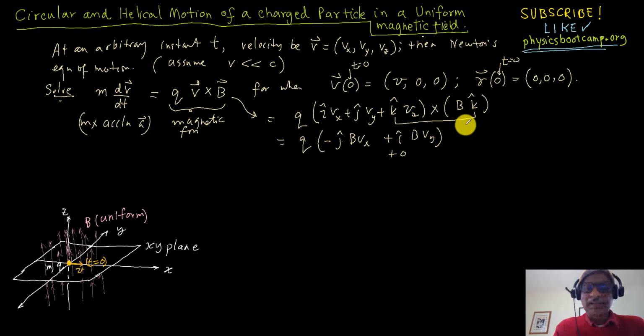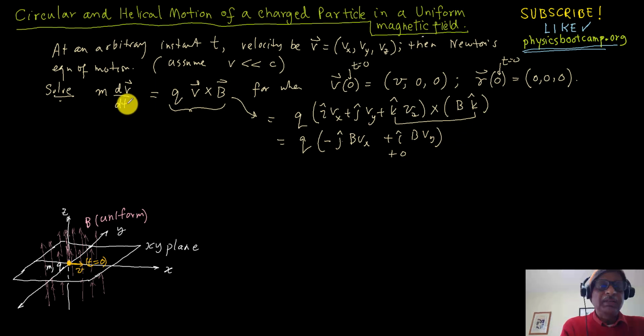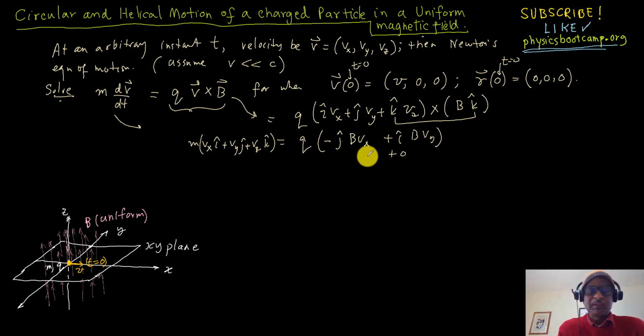And on the other side, let me erase. On this side, I'm going to get m times vx i hat plus vy j hat plus vz k hat. So you can see I can just equate them.